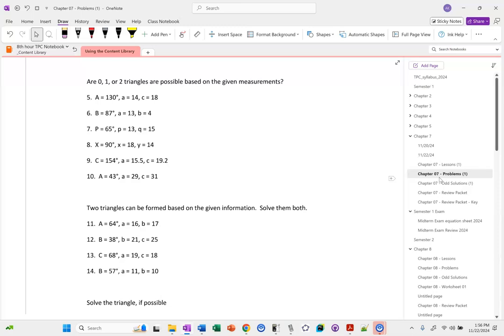You do not need to solve the triangle. Just do enough to say if there's 0, 1, or 2. That's pretty easy. So 1 through 4 is due this Sunday, and 5 through 14 is due the Sunday after we get back from break. It's also on My Notre Dame.